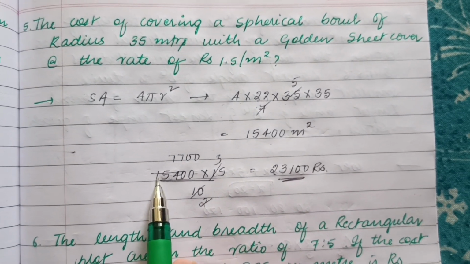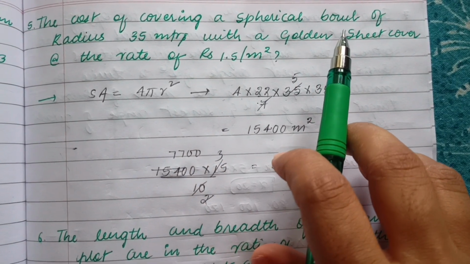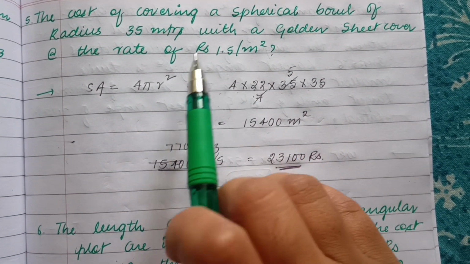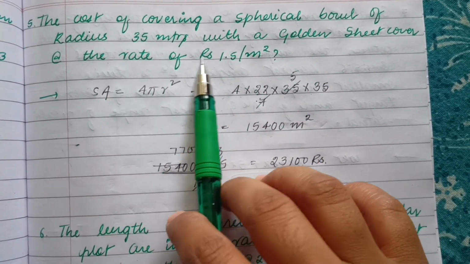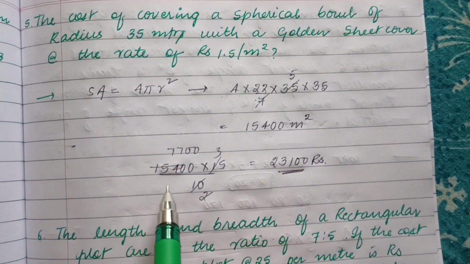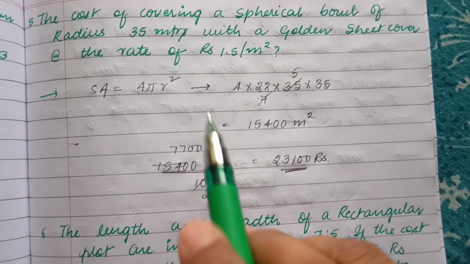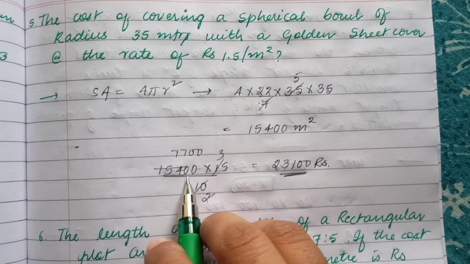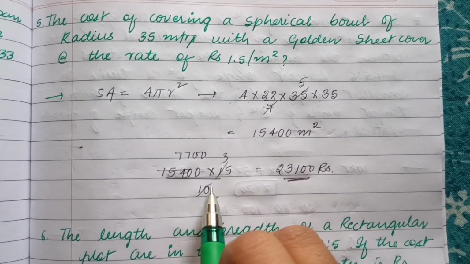And here they asked the cost of covering the spherical bowl. So here 15400 divided by 10 into 15, so that will give you 23100 rupees, because here I have written this 1.5 meter square as 15 divided by 10.